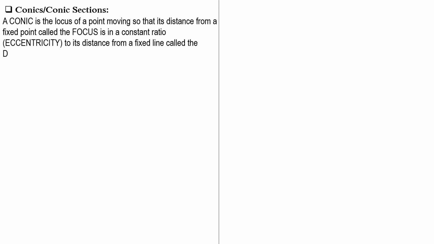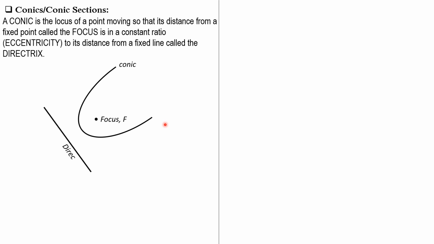So to illustrate, let us say this is the conic in general. Then we have the fixed point, which is called the focus, denoted by F. We also have a fixed line called the directrix.